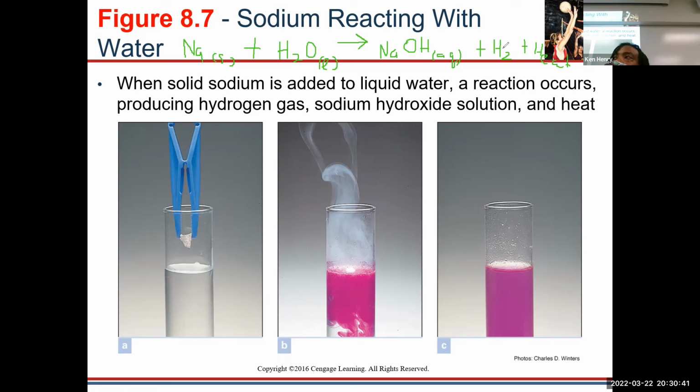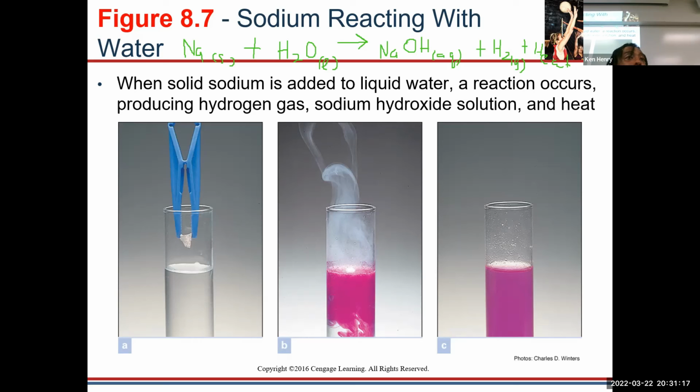We know that hydrogen is a gas, so I forgot to put the g, right? H2(g). If heat is being released, it's on this side of the reaction. If heat is being inputted, we'd have to put it on the other side of the reaction. Plus heat.